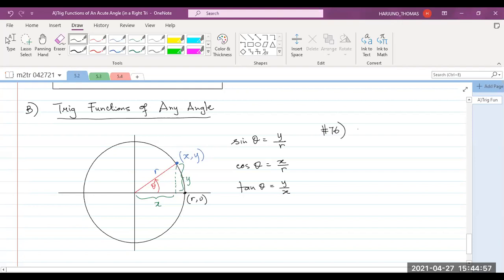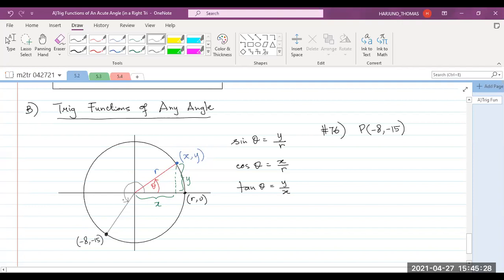Now suppose, for example, I pick question number 76. You have the coordinate negative 8, negative 15. So let's say it's approximately here. The angle for that will be this angle here. That's the angle.